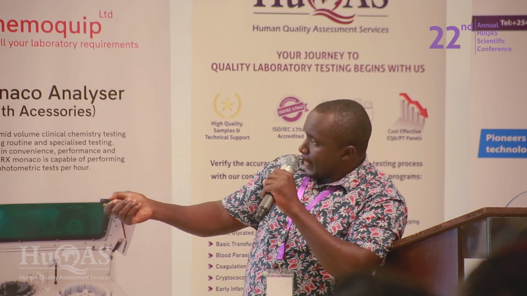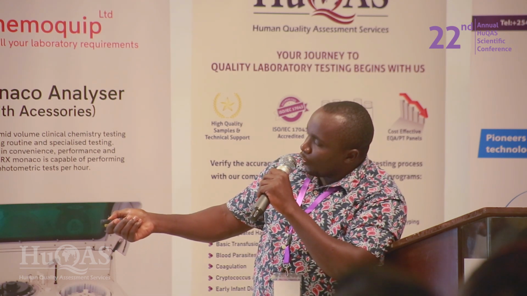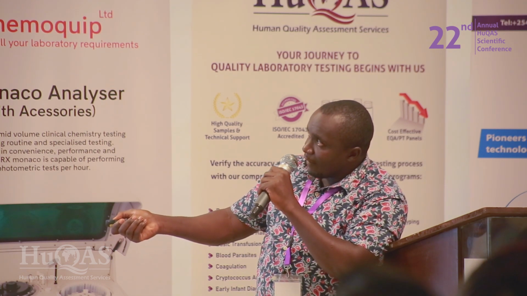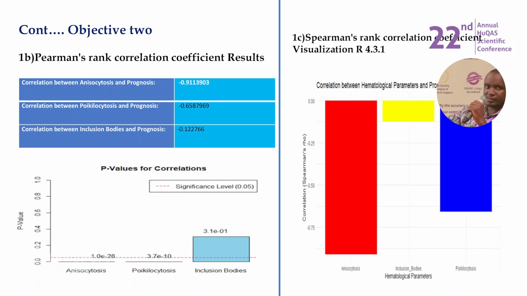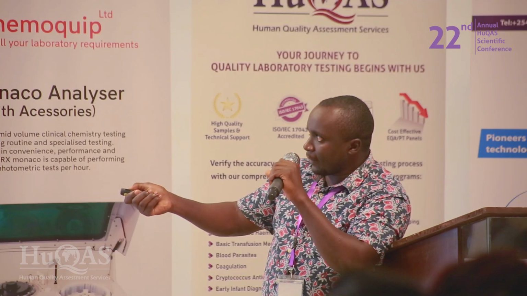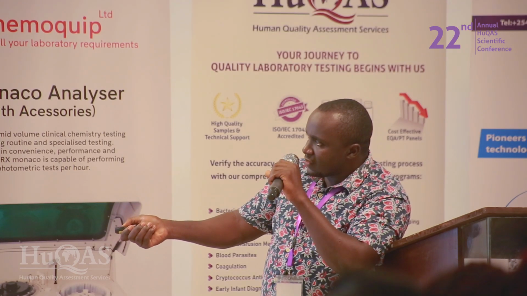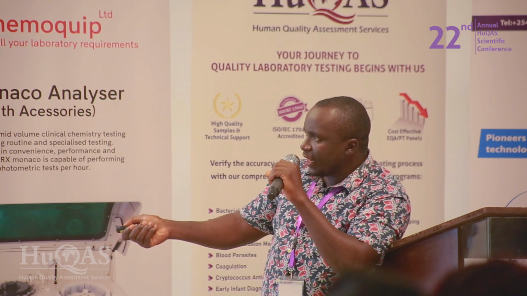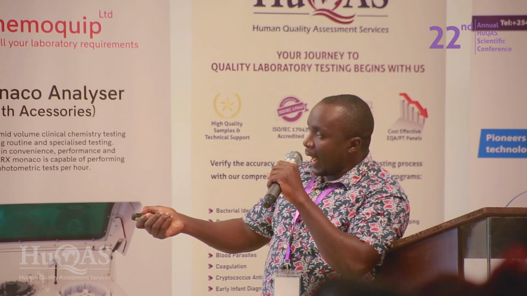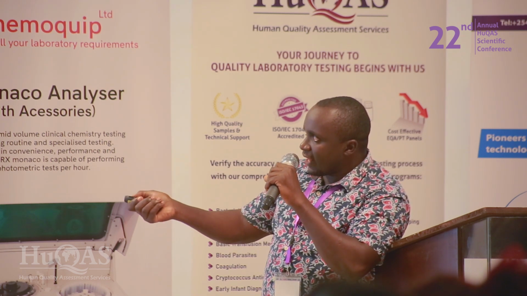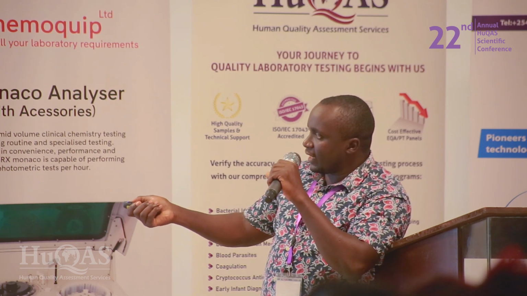It says that the lower the anisocytes, the higher the prognosis. And that effect is much higher than the effect of inclusion body and the effect of poikilocytosis.